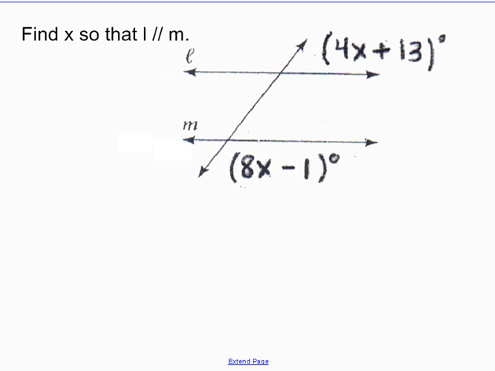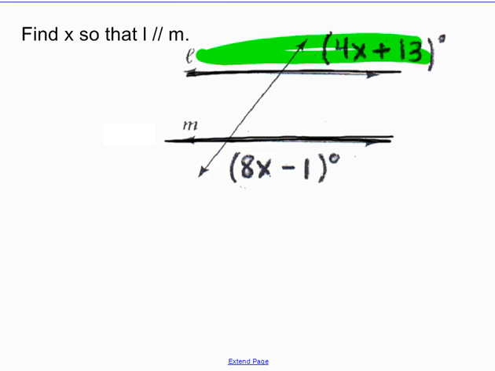Next one, find x so that L is parallel to M. We want to make L parallel to M. Now I'm looking at my angles here, and I notice that they are exterior angles, and they are on the same side of the transversal.